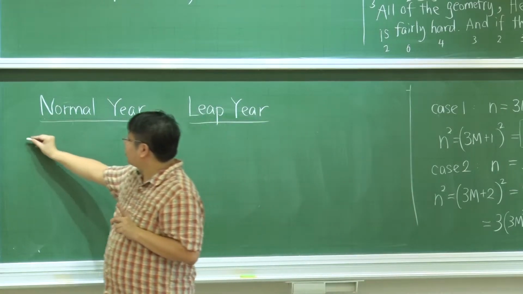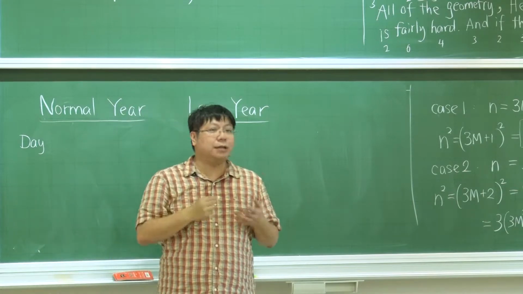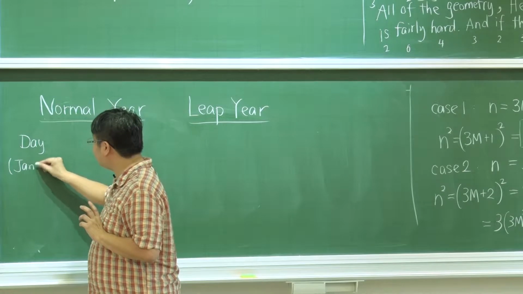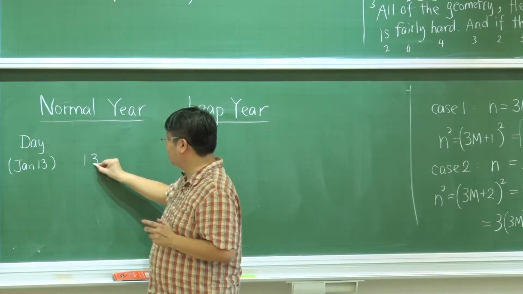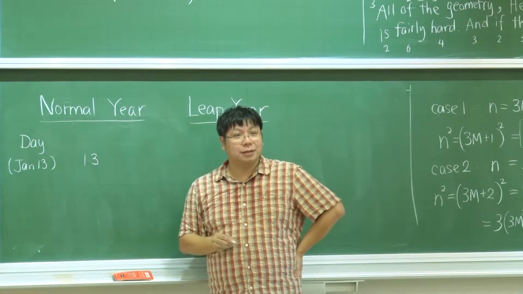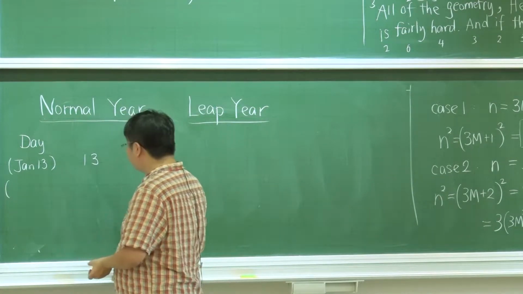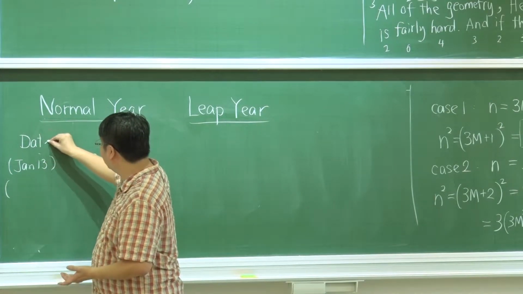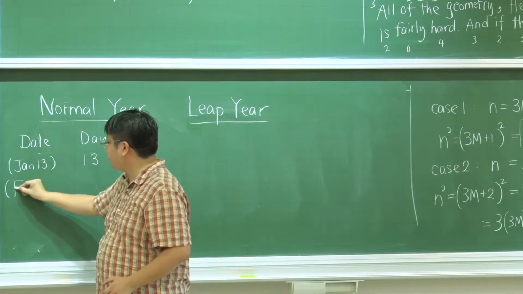So January the 13th is going to be at day 13. Is that okay? Good. So let's say this should be the date, and then this should be the day. How about February the 13th?